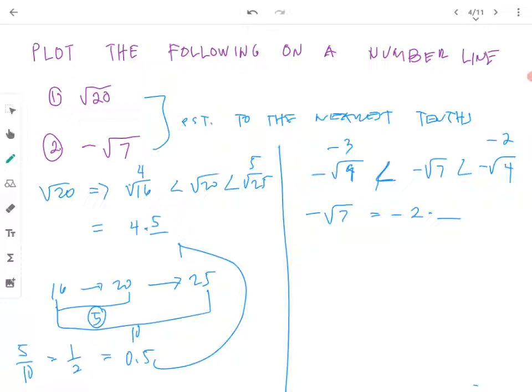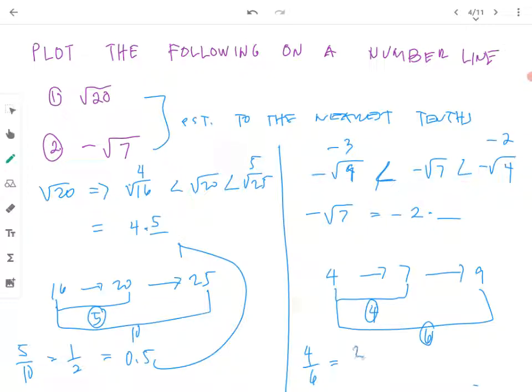So that's why we need to write it as a fraction from 4 to 7 to 9. From 4 to 7, that is exactly 3 steps, then from 4 to 9, that is 5 steps. Counting 4, 5, 6, 7, 8, 9. So expressing it as a fraction, that is 4/6, and we know that that is 2/3.